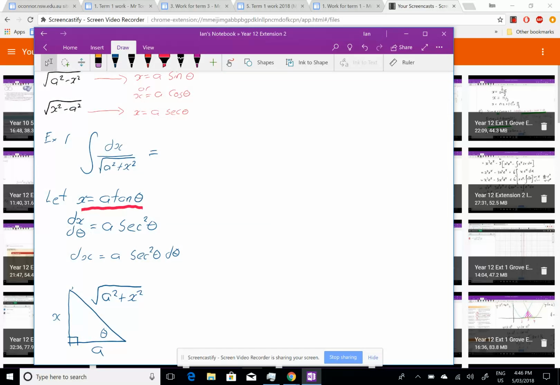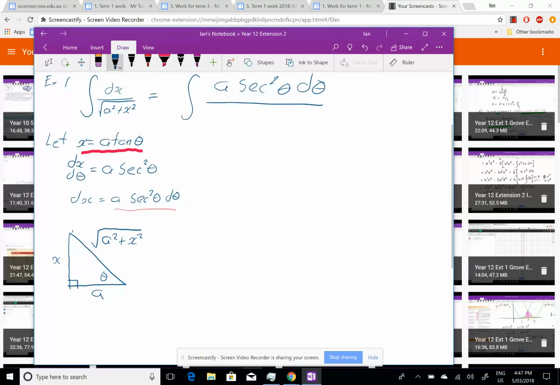Okay, so let's put in the things that we've now substituted. Our integral is now, here's dx, a sec squared theta d theta. And what have I got down the bottom here? I've got the square root of a squared plus x squared.